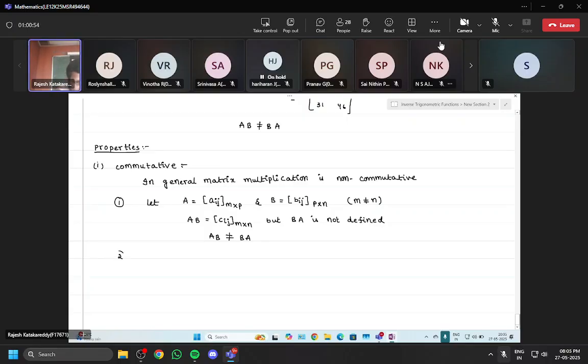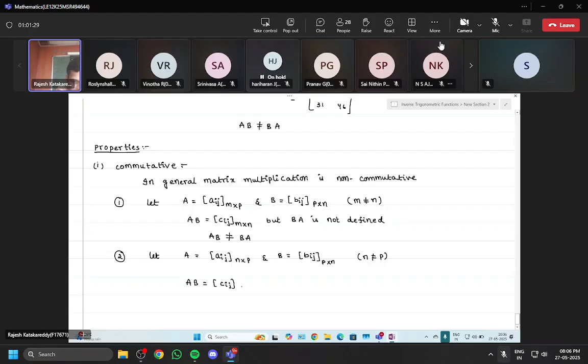Even though you say, sir, let us take a situation A = Aij, N by P, and B = Bij, P by N. It is given that N is not equal to P. In this case, AB = Cij.